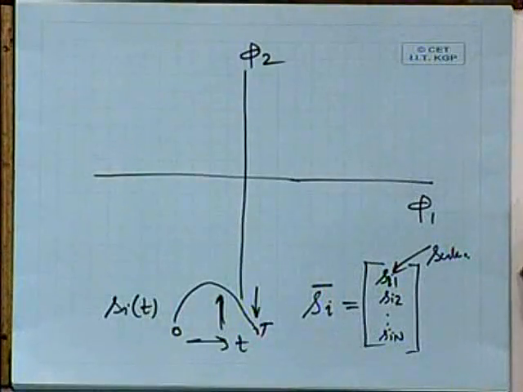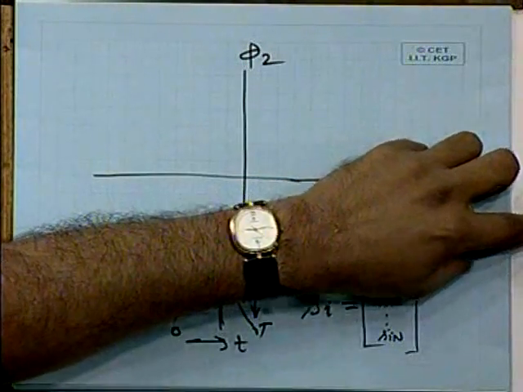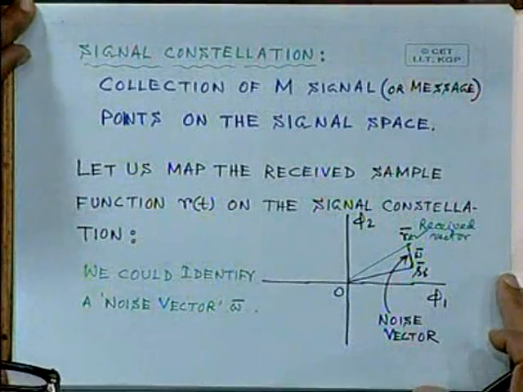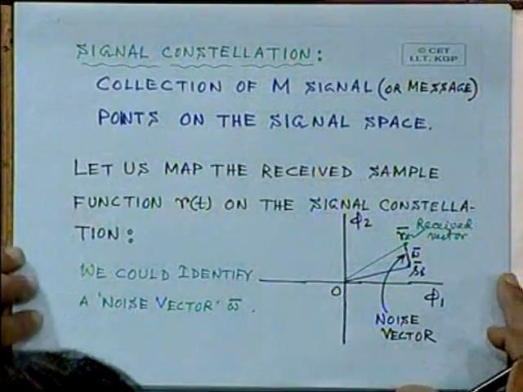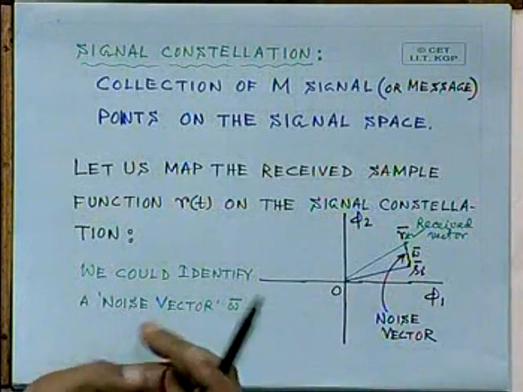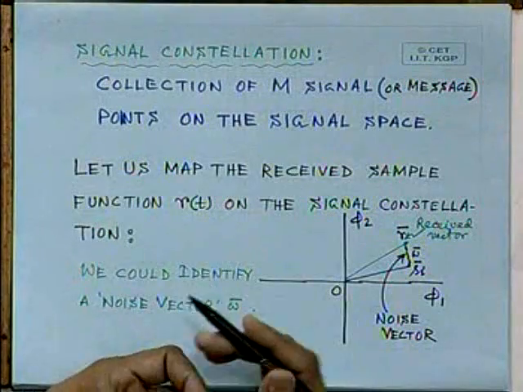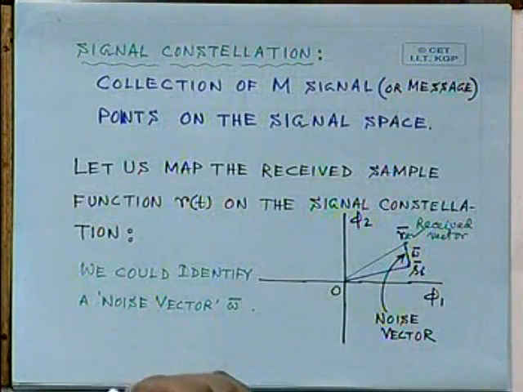So, towards this, I have an issue where the transmitted signal got added with some kind of noise process, noise sample function. So, I have to extend my previous idea of signal space as we were going to discuss some time back. Now I define formally what is a signal constellation. In fact, we mentioned some time back that the signal constellation is nothing but the signal space when all the M signal vectors are shown as M signal points in the signal space. So, I can say it is a collection of M signals. Just to remind you where from we get these signals, within brackets I have said or message, even one can also say collection of M messages, you will find these descriptions in many books.